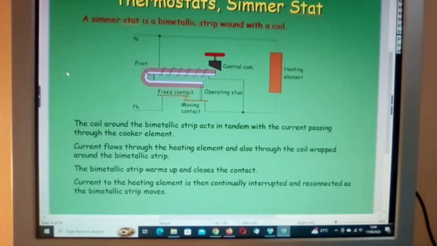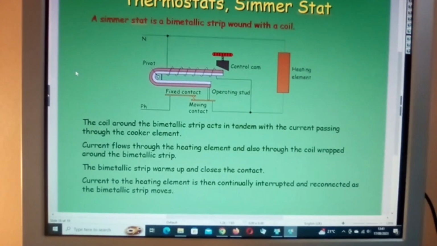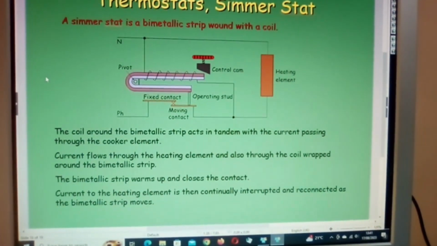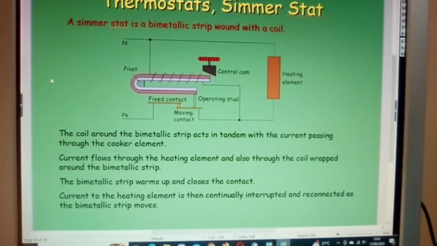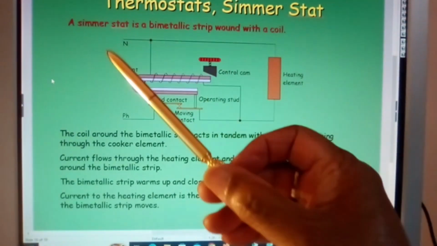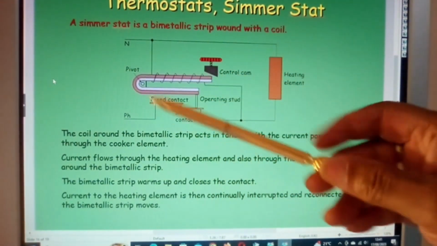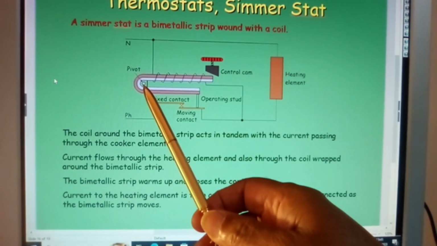The thermostats. Now what this is showing you here is how it works. Okay, I don't want to go in too close, I don't want to lose the picture of it. Okay. Thermostat. A thermostat is a bimetallic strip wound with a coil. Okay, so you can see here that it pivots on something.